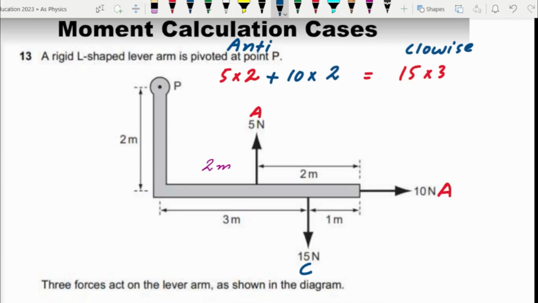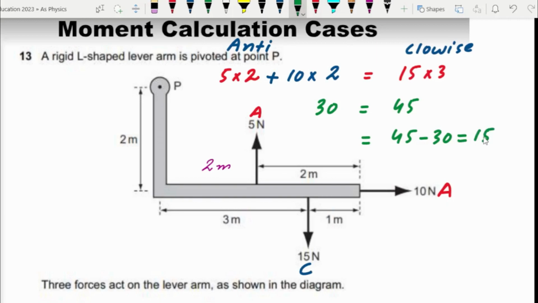Now let us add these two. So you get 10 plus 10 times 2, which would be 20. So you get overall 30 here. Okay, and then 15 times 3 you get 45. Then you can subtract these two. 45 minus 30, you get a resultant moment of 15.